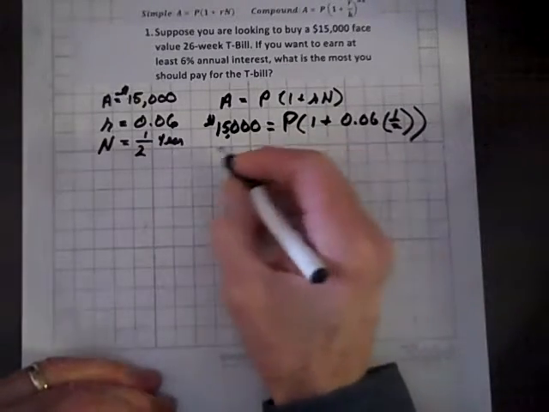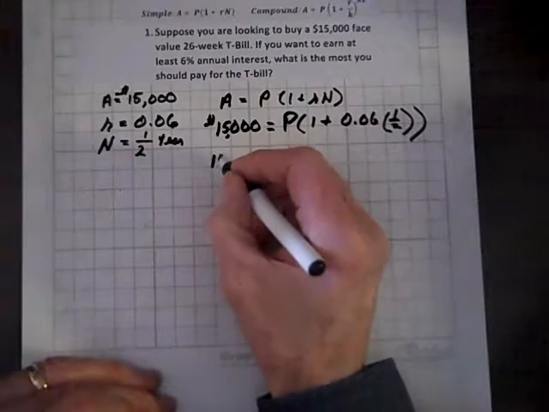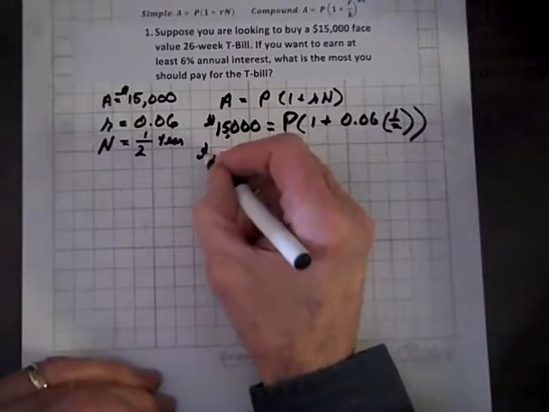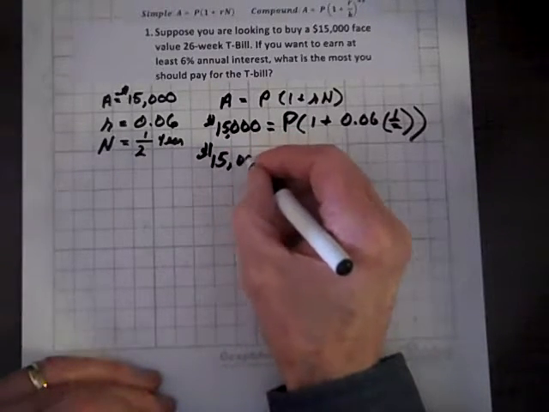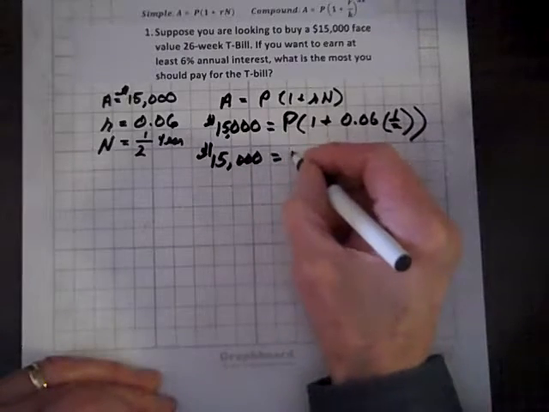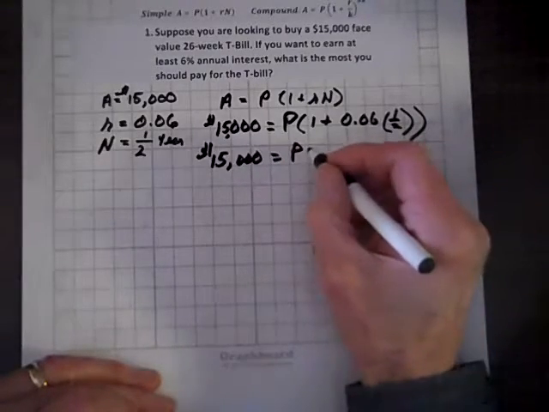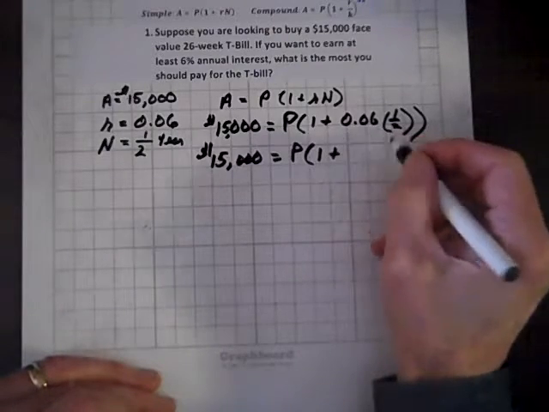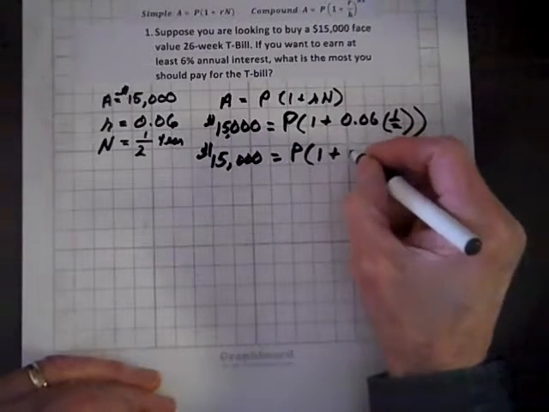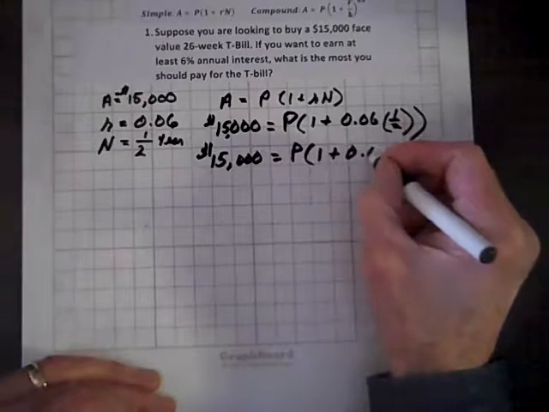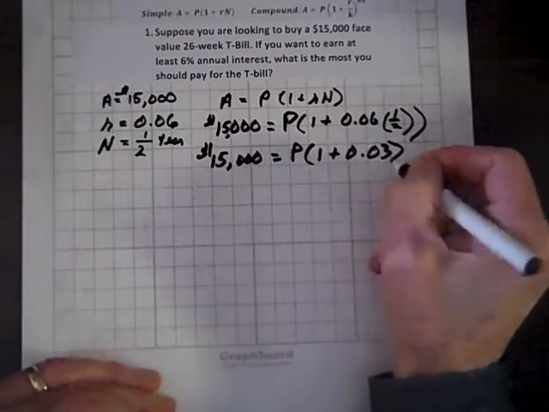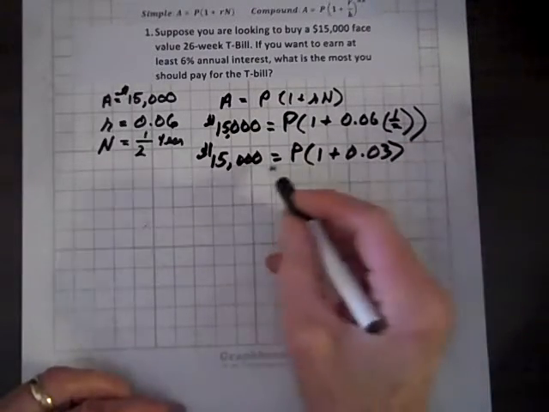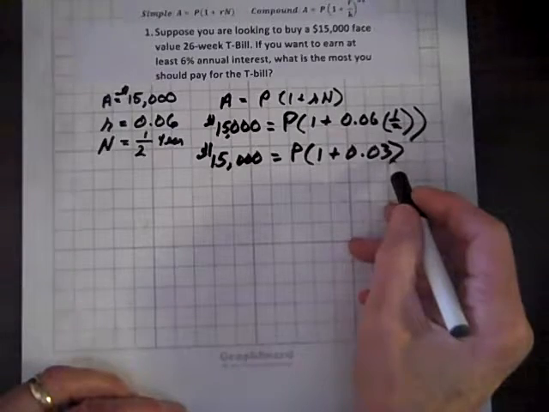And so then $15,000 equals P times 1 plus half of 0.06, which is 0.03.